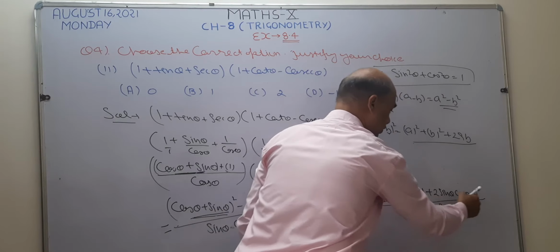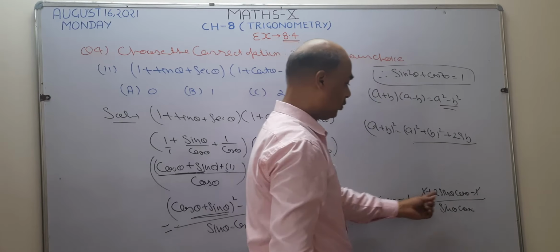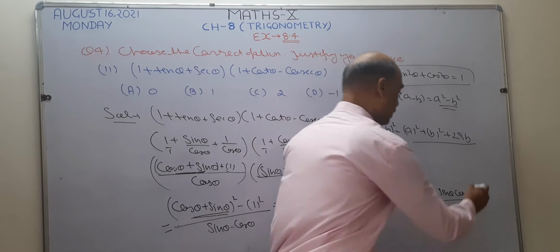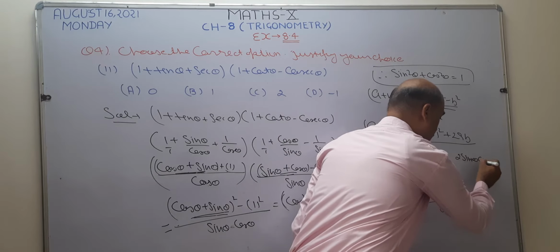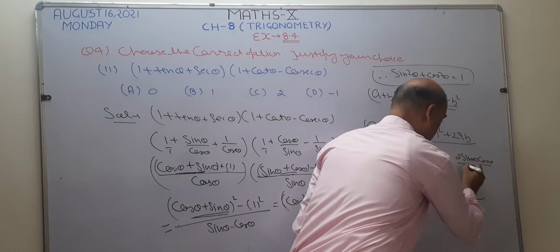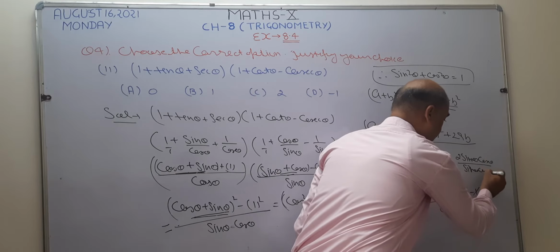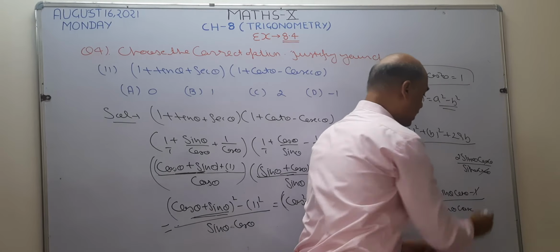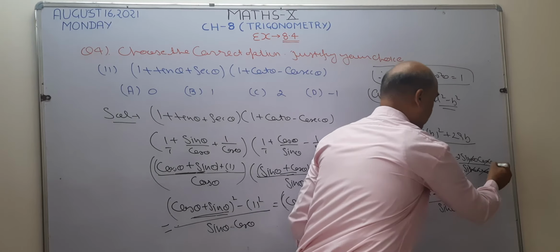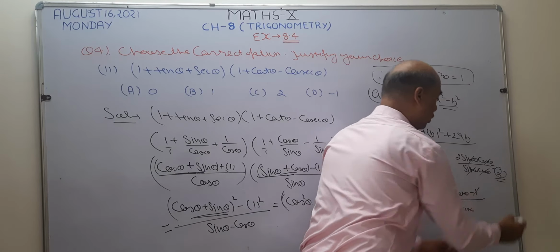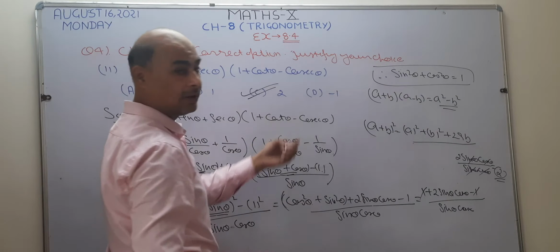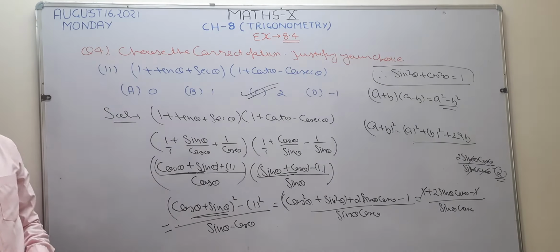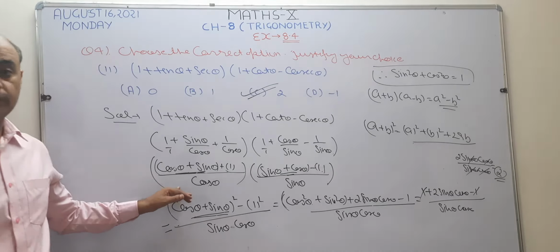Now see, this positive, this negative, this one is cancelled. What is left? 2 sin theta cos theta upon sin theta cos theta. Now cos theta is cancelled with cos theta, sin theta is cancelled with sin theta. What is left? Only 2. So the answer is 2. Now check which option is right. So option C is right. I hope it is clear now.